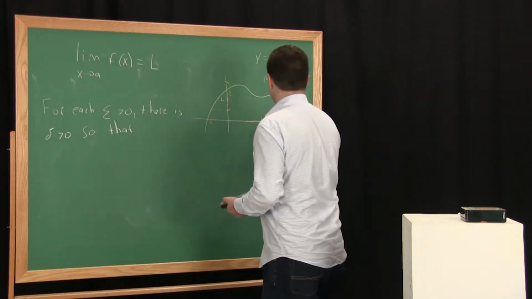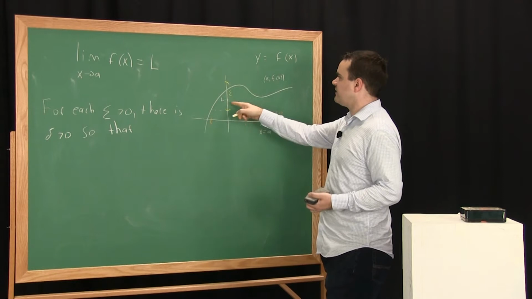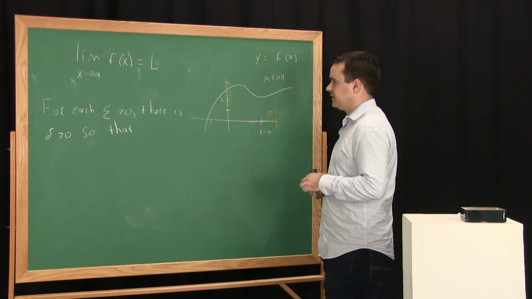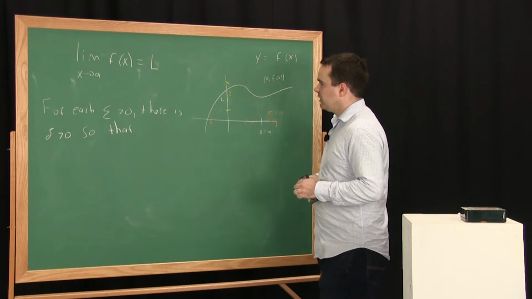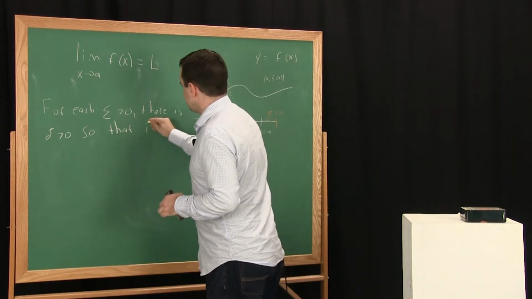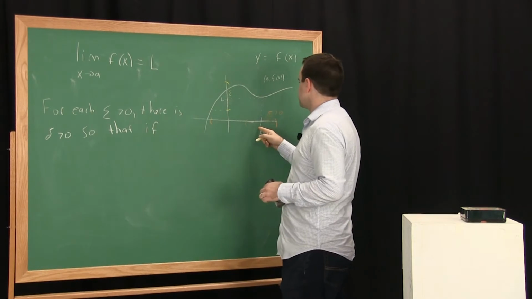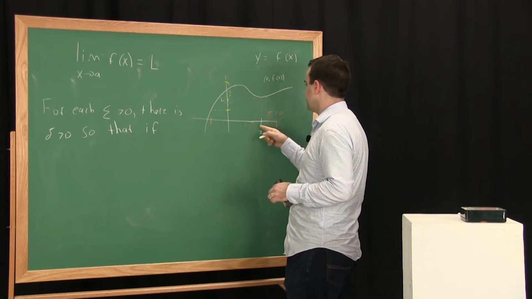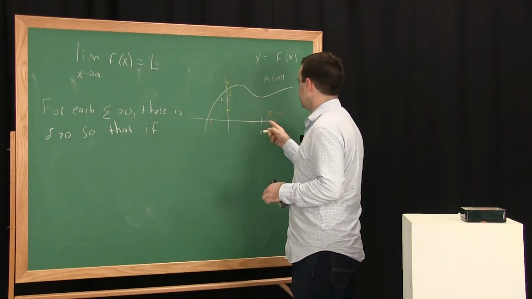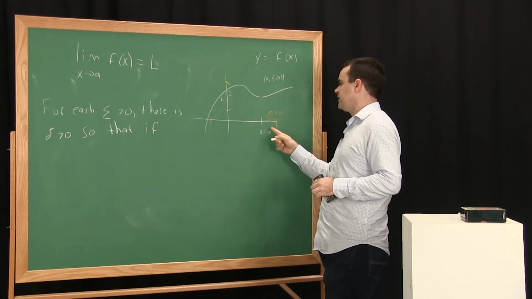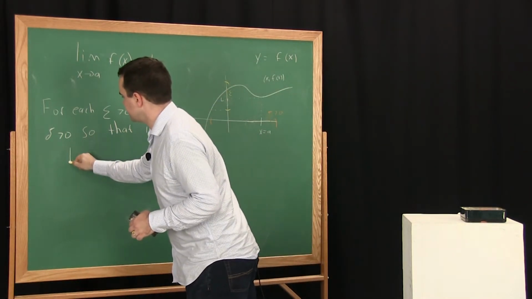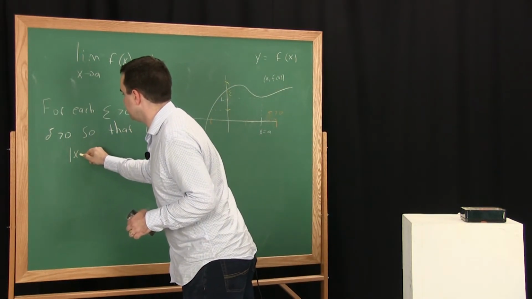So that whenever you're inside this interval, the y values are inside that interval. So how can I write that down mathematically? The way I'm going to do it is I'm going to say, well, if x is inside this interval, in other words, if the distance from x to a is less than delta, that's what width delta means. The distance from x to a is less than delta. Distance from x to a is just the absolute value of x minus a.